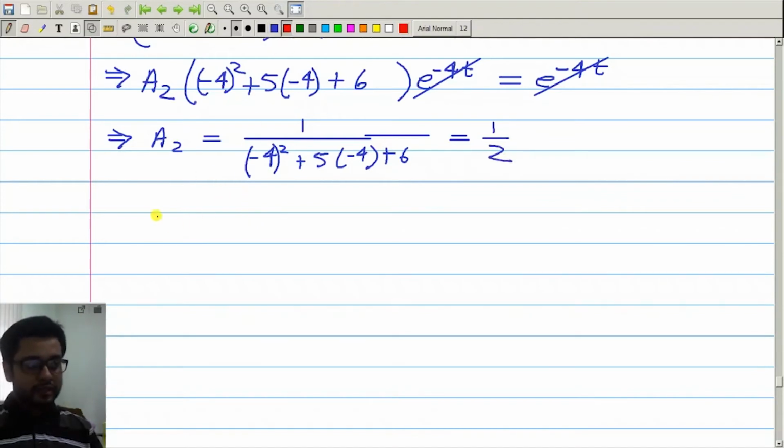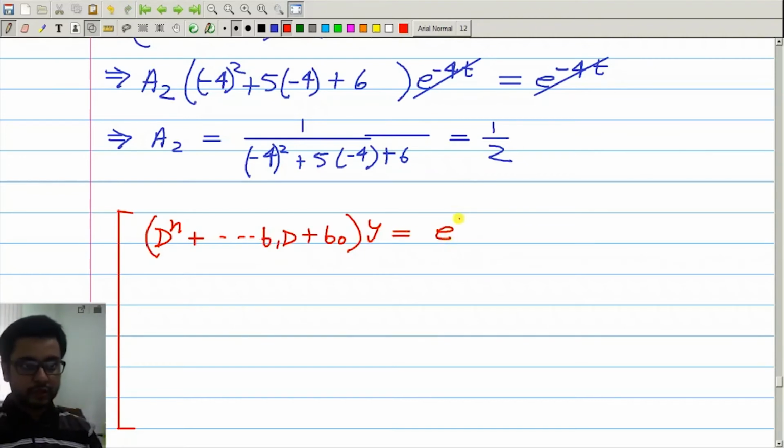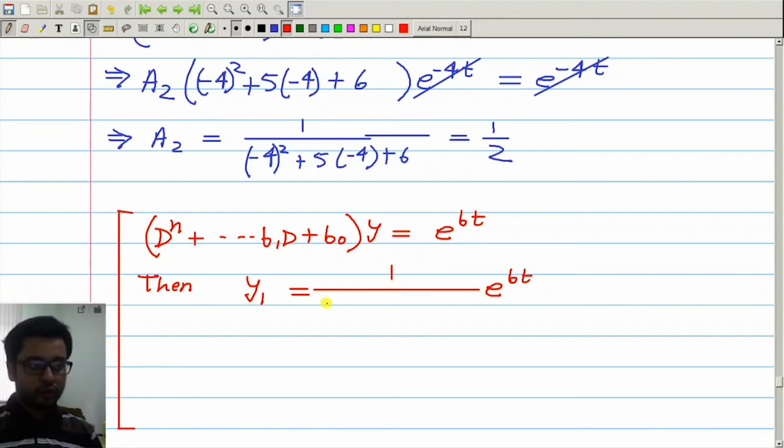Okay, so in fact this will be a useful trick to remember, that whenever you have a differential equation of this form, with the input being an exponential, then you can quickly get a solution like this: e to the power bt, this input, multiplied by 1 over this polynomial evaluated with d equal to b.